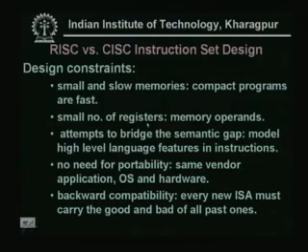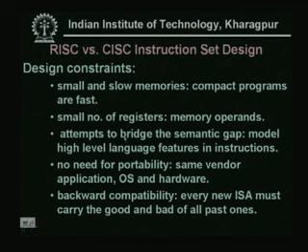As it is very small, only a small number of accesses are needed, so it will be fast. Small number of registers, because as already mentioned for RISC operands, the data are stored in the registers.